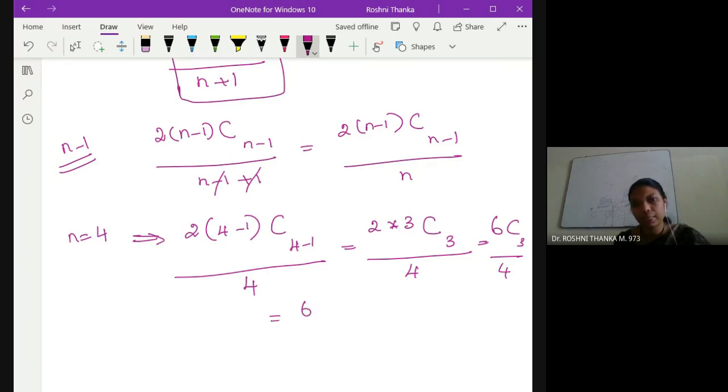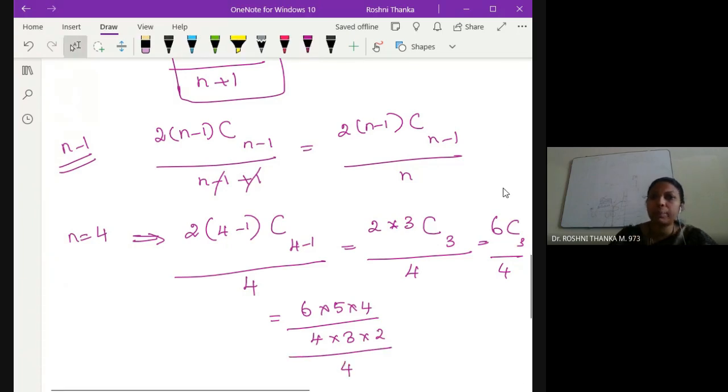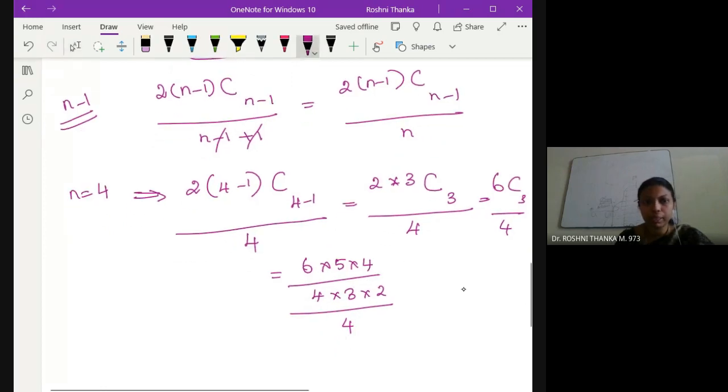It is like 6 into 5 into 4 divided by 3 into 2 into 1, all divided by 4. So this is how we can expand 6C3. Now we can cancel: this 4 and this 4 will be cancelled, and the 3s will be cancelled.